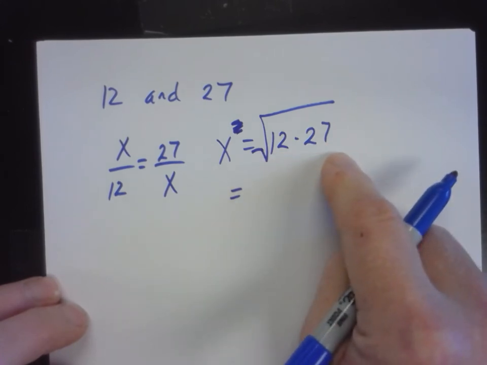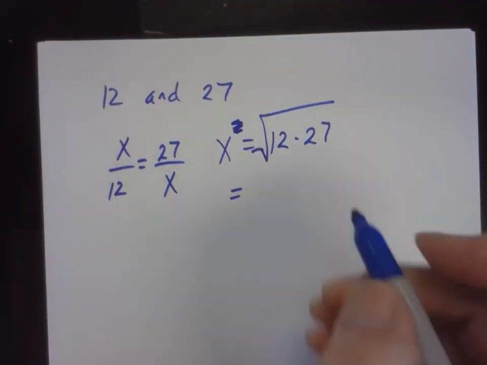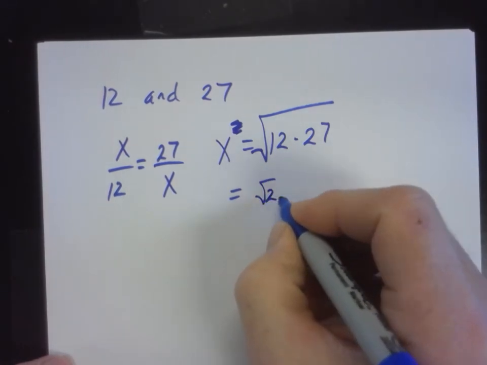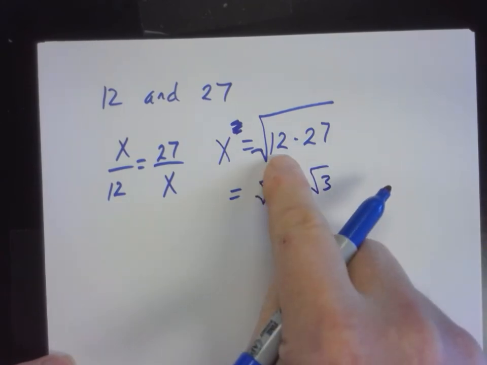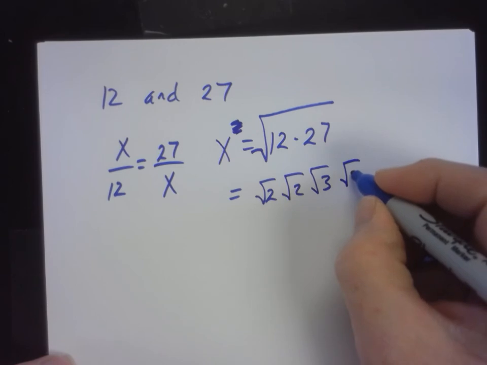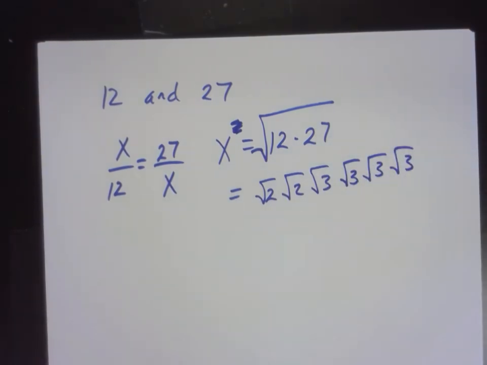I need to break it down into a bunch of prime numbers multiplied together. Well, 12 is 2 times 2 times 3, is it not? And what's 27? There's no point in multiplying 12 times 27 and then having to break that big number down as a product of prime numbers.